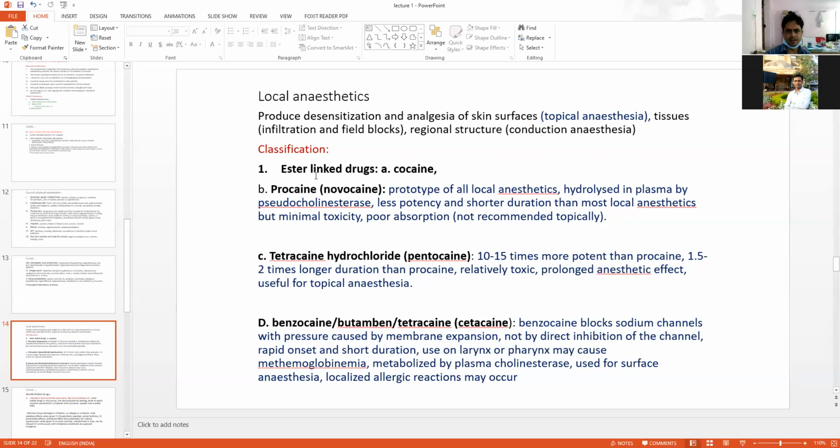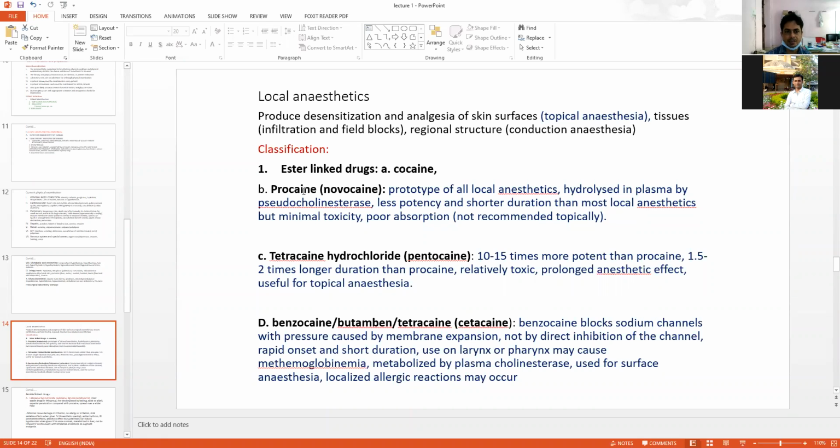This is ester-linked drugs. This is just to remember the name of these drugs. Ester-linked drugs are procaine, tetracaine, benzocaine, because this course needs some basic information about these anesthetics. So just remember the basic classification.